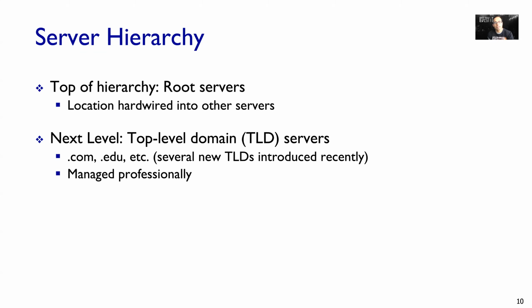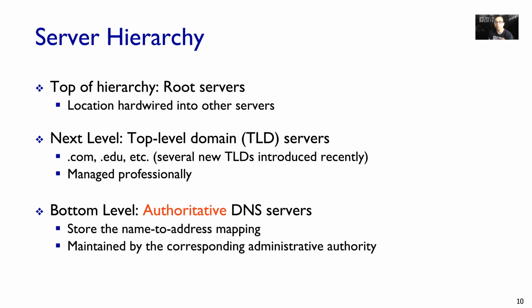Below that, we have the TLD servers. So these are the .com, .edu, and so on and so forth. All of these are managed professionally because we have to be careful about how the domain names are assigned, right? And then right at the bottom, as you saw in that example, we have what are called authoritative DNS servers. These are the entities that store the mappings. For example, Berkeley manages its own mappings, right?